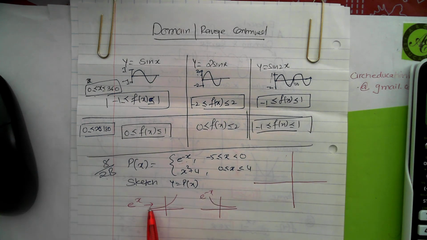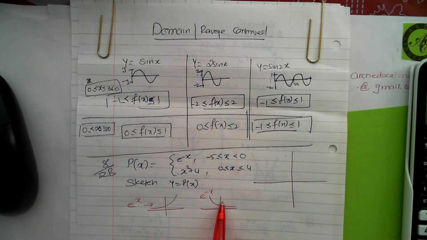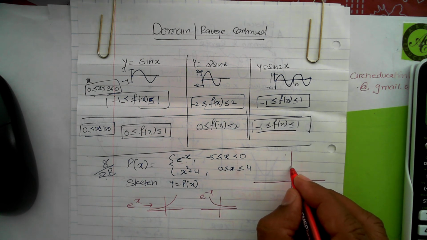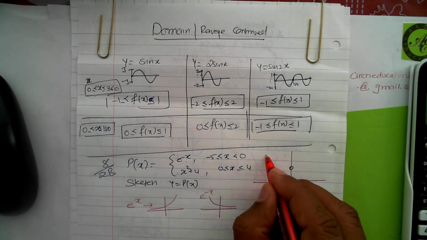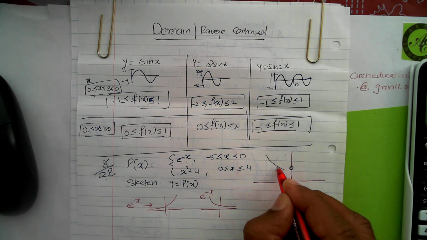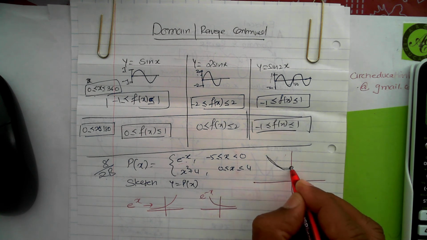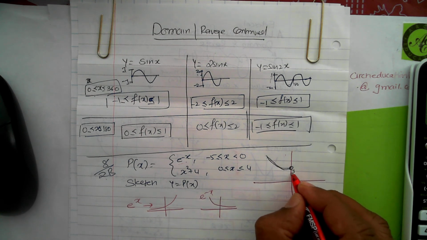Right, so this is the graph for e to the power x. This is a graph of e to the power minus x, and we need to go only up to 0, and 0 is not included, so I'll put a circle there, and e to the power 0 becomes 1, so the graph will be something like this. And this will be 1, right?